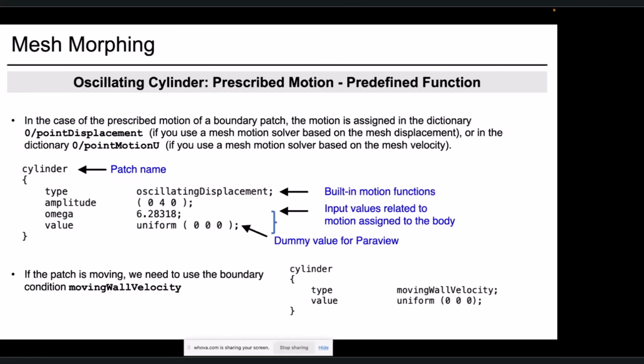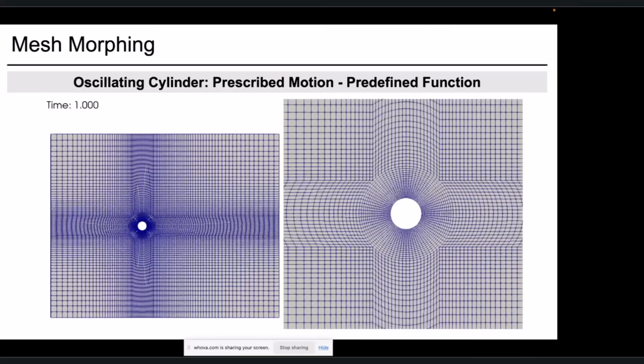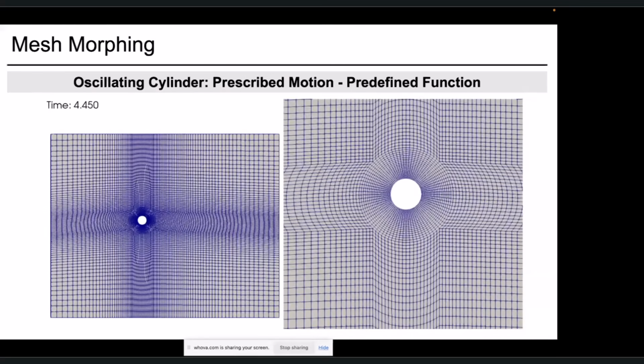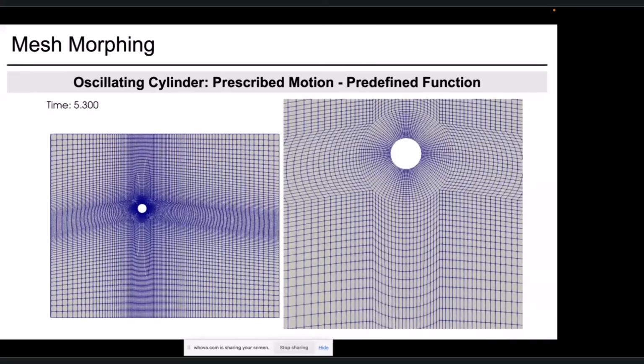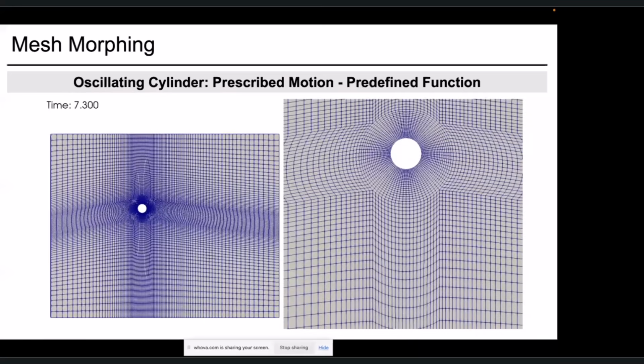So these two files will be different depending on whether you are using a displacement based motion or a velocity based motion. Now, here are some visualizations. So you can see that the case that I was explaining to you can be visualized with this exaggerated zoomed in view, so that you can understand how the mesh is moving.